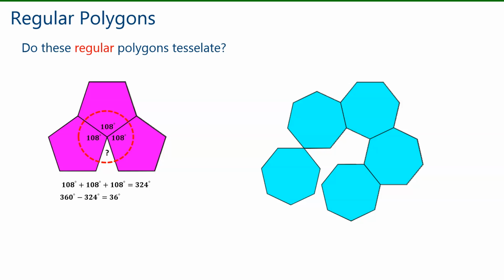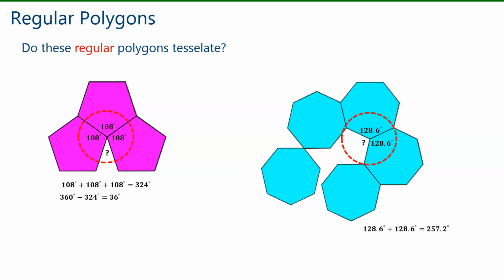For a heptagon, the interior angles are 128.6 degrees, approximately. If we look at where the vertices meet, we can see that 128.6 plus 128.6 equals 257.2 degrees.